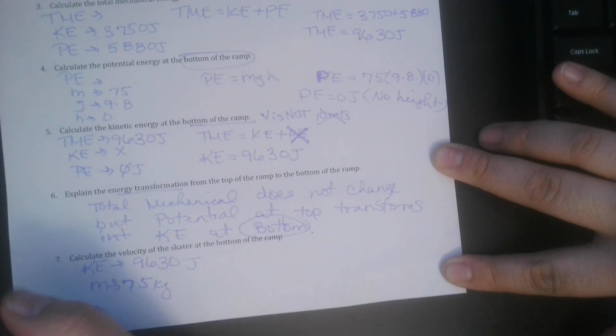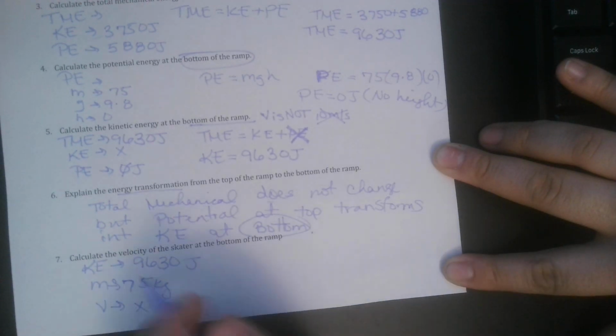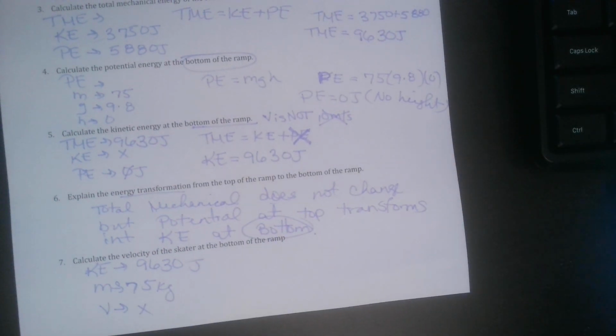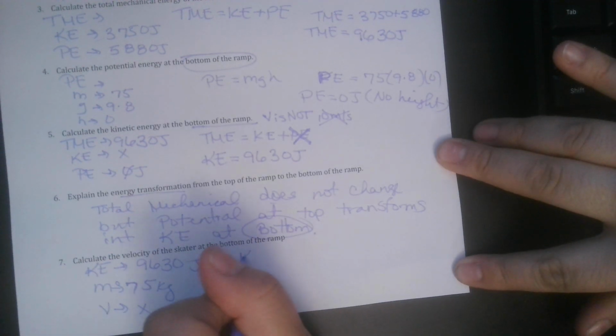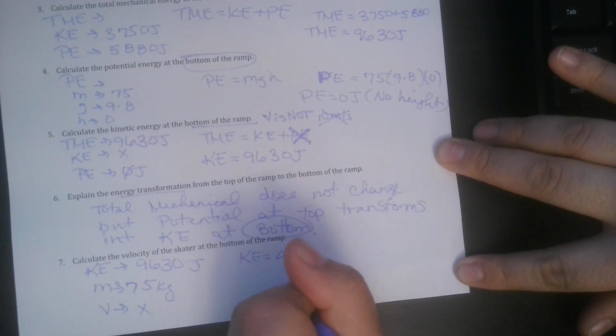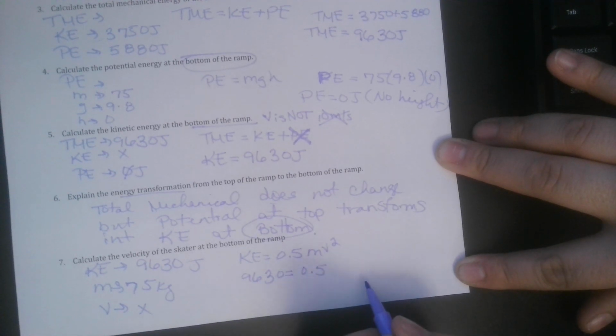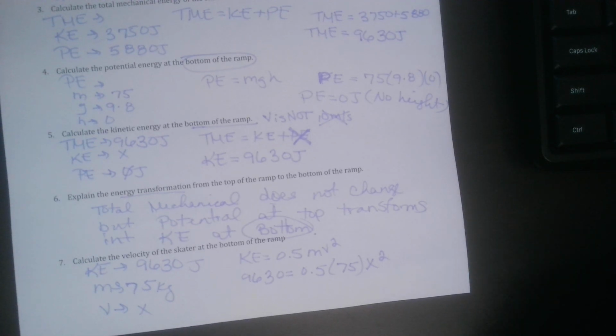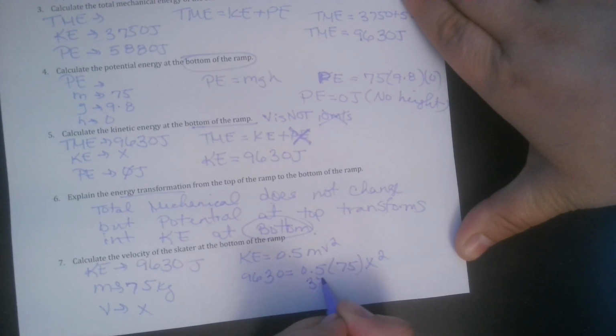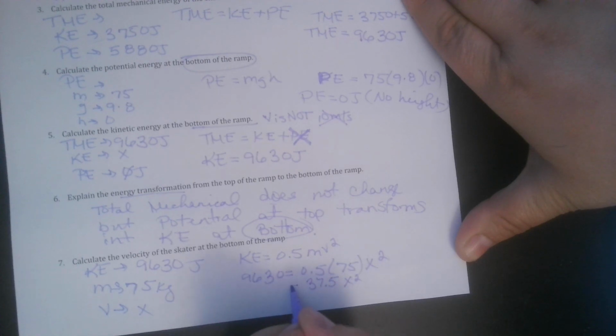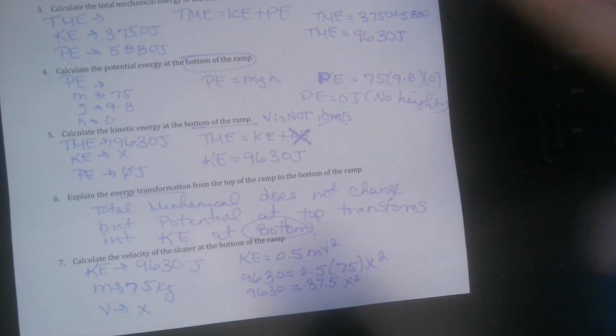So my little guy didn't lose a leg, so I know that he can have his 75 kilograms, and KE equals 0.5 mv squared. So now we do some math here. 9630 equals 0.5 times 75 x squared. So 1/2 of 75 is going to be 37.5 x squared equals 9630.